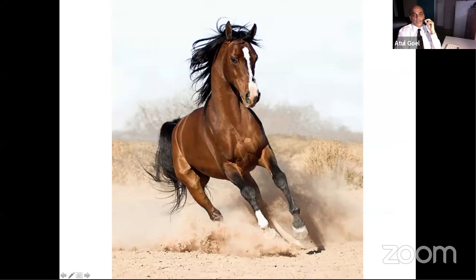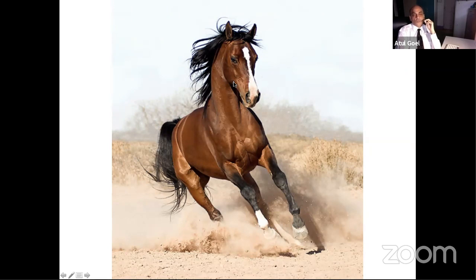The horse is a very strong muscular body. All the muscles are located laterally. The craniovertebral junction is very strong. The movements of the neck are very, very strong. In human beings, the movement of the craniovertebral junction is 70 degrees, but here it is almost 120 degrees rotation of the neck.